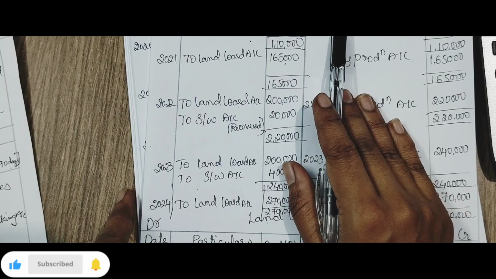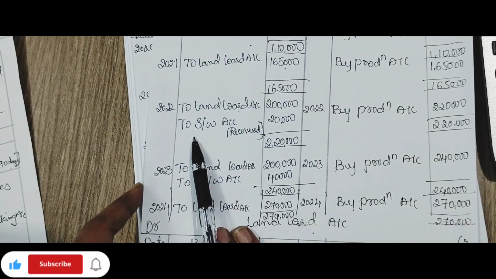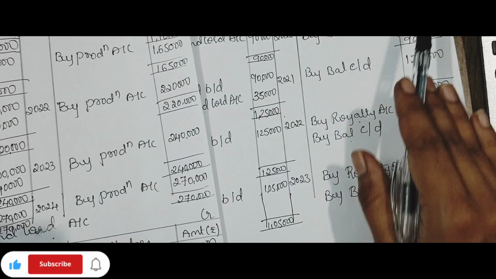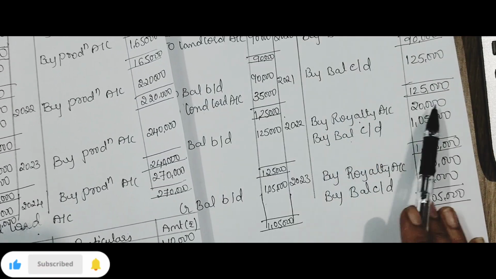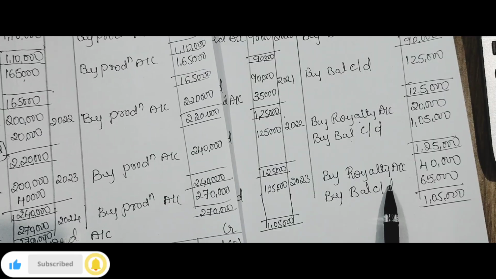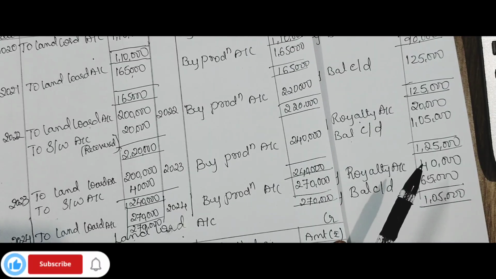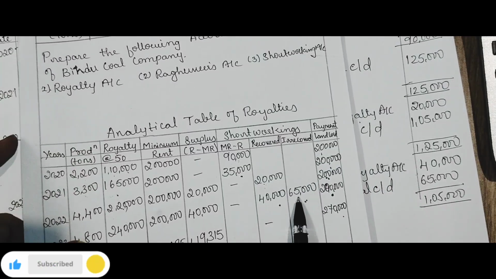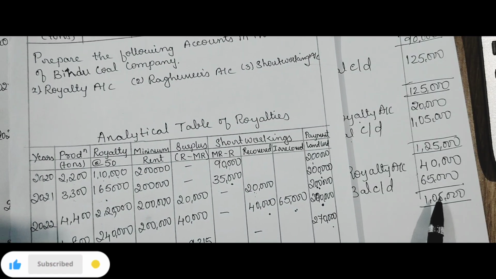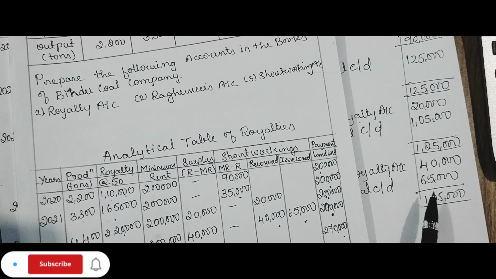In the royalty account you have debited the short working account, so in the short working account you are crediting the royalty account. The balance will be carried down, and the balance carried on for the last year will show the recovered amount in the analytical table. This you can cross check, so you will come to know whether you have done correctly or not.